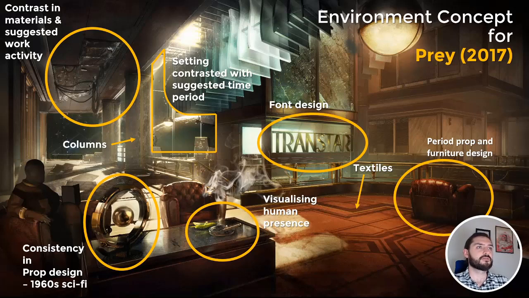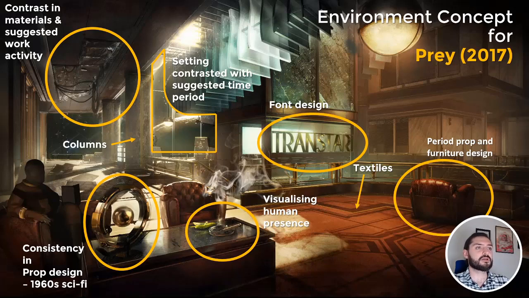As such, the visual details shown on this slide, such as the Art Deco style architecture, the 1960s Chesterfield-style sofa and chairs, the retro-futuristic prop design, as shown through the brass ring with the floating ball, the Art Deco Russian-inspired typeface used for the TranStar logo, and the textiles and colour choice all serve to ground this concept image in a space and time that, whilst not existent, feels like a real setting.